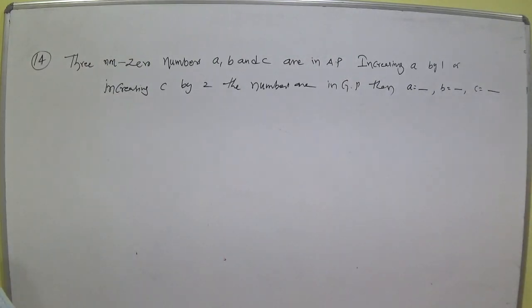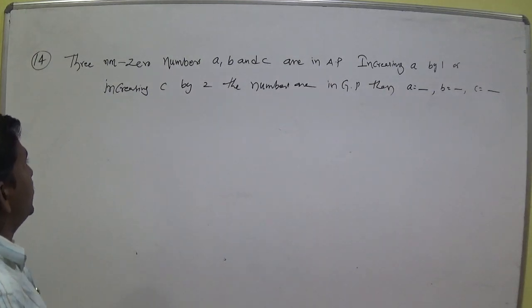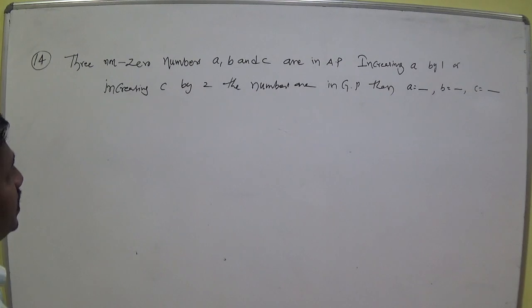Now, the non-zero numbers a, b and c are in AP. Increasing a by 1 or increasing c by 2, the numbers are in GP. Then find the values of a, b, c.